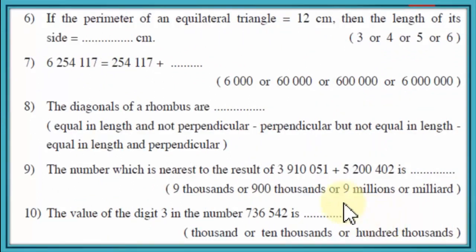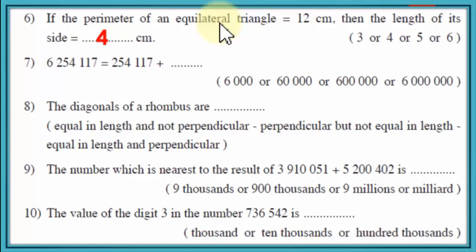If the perimeter of an equilateral triangle equals 12, then the length of its side equals 12 divided by 3 equals 4. Because the equilateral triangle has 3 sides equal in length. So we will divide the perimeter by 3. 12 divided by 3 equals 4.